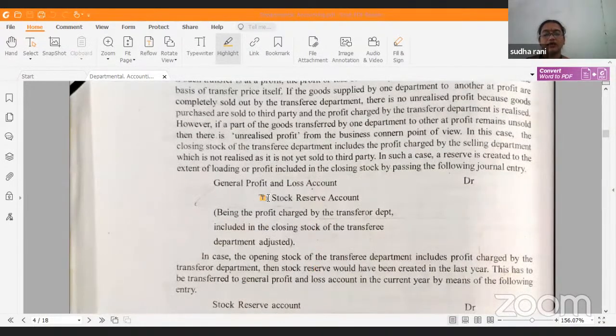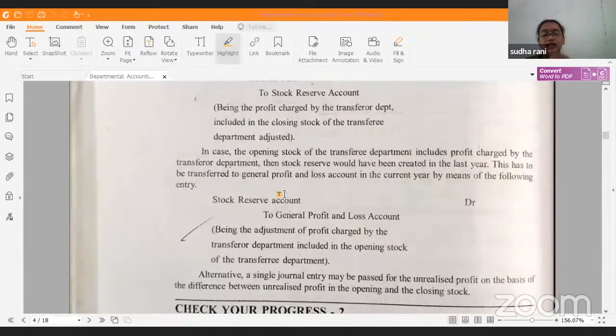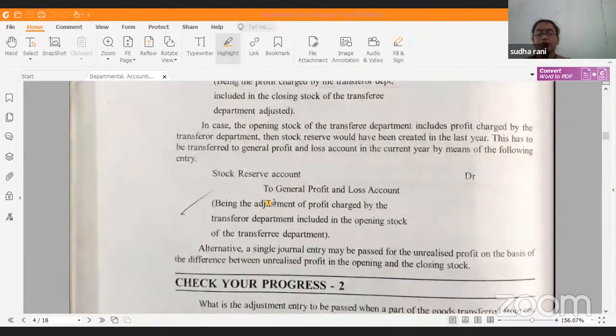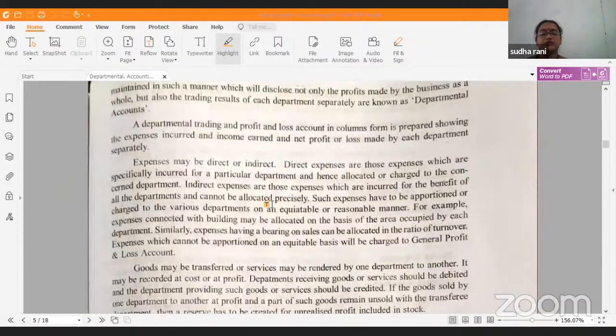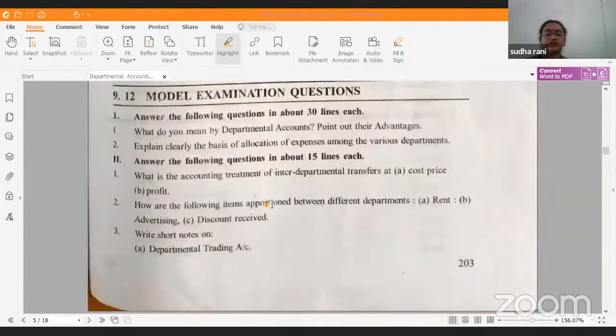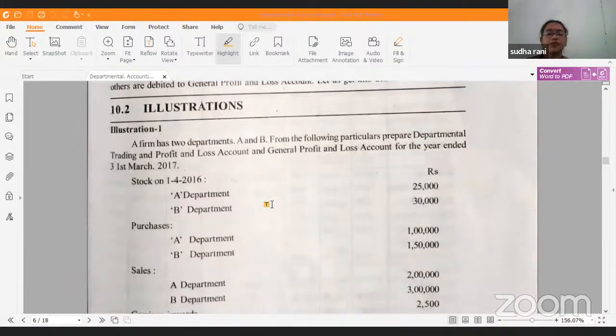General entries, if you are asked, you're supposed to pass these general entries. I hope you remember. Once you finish doing the sums, you will be able to pass the general entries. So here is the question I took for practice. As the exercise problems are not prepared now and we have a little bit of time, I'm taking an example sum only, so that I can explain it to you.